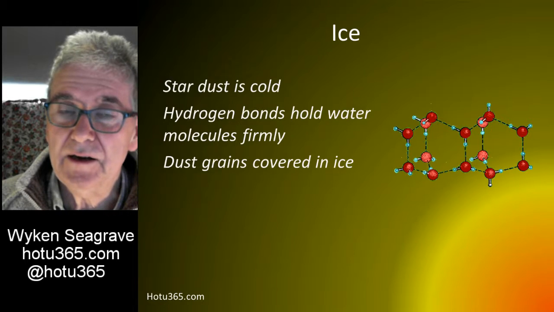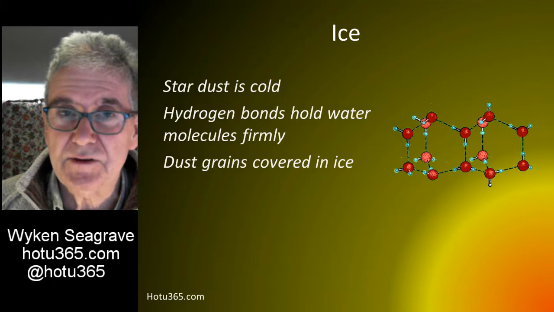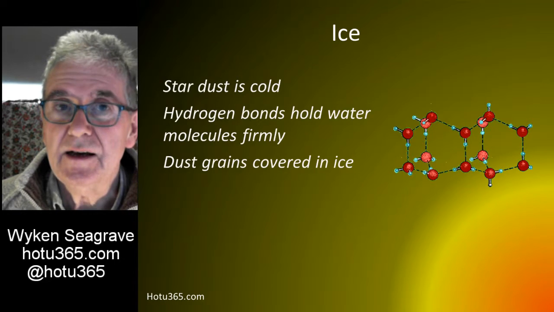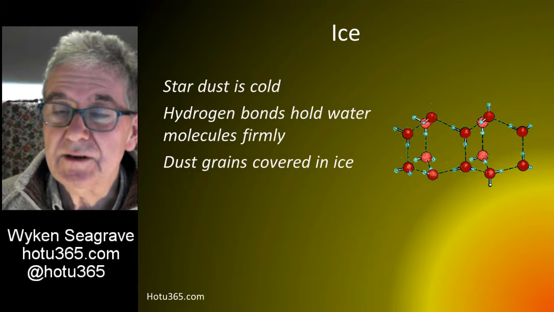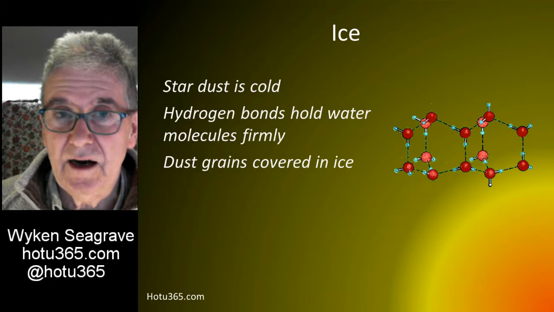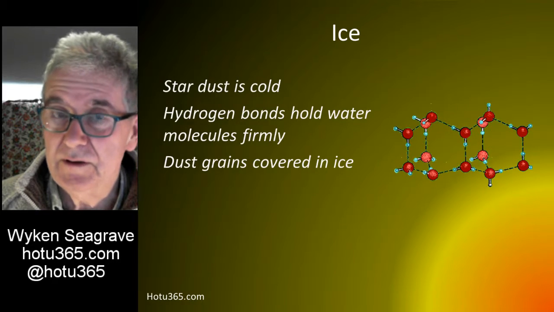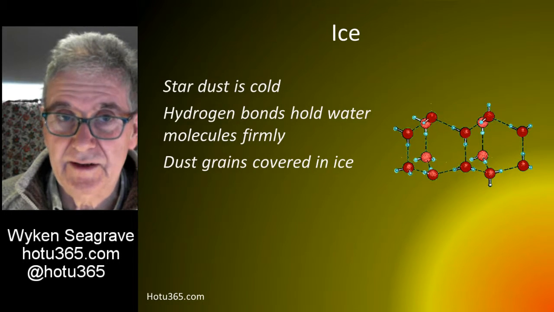And so ice is one of the major constituents of the early dust and helped, as we'll see later on, the stickiness of ice and the hydrogen bonds between the molecules helped to build planets, among other things.